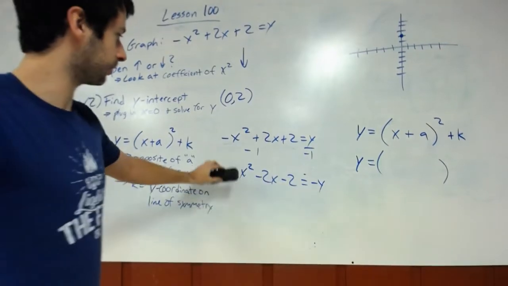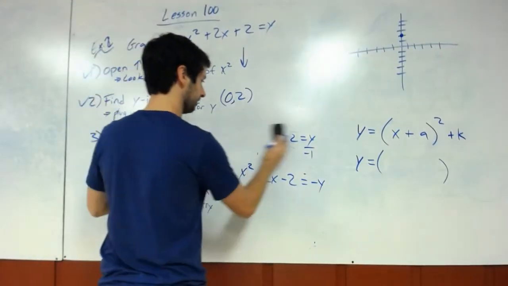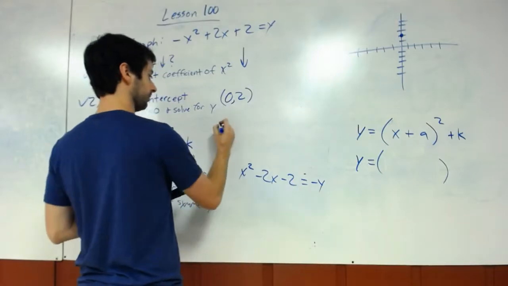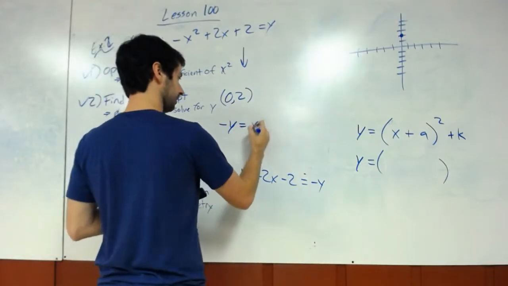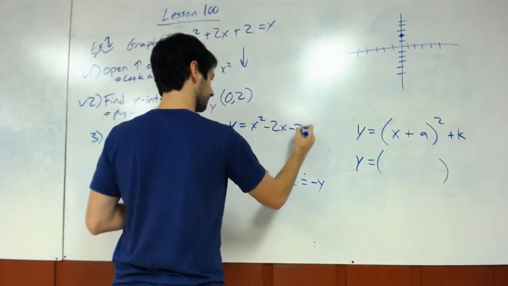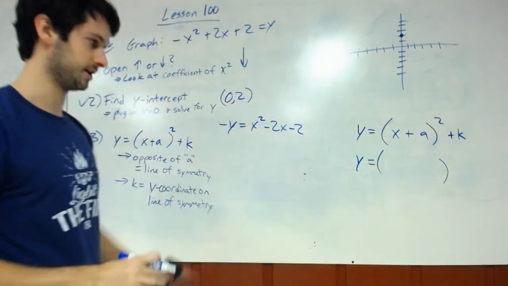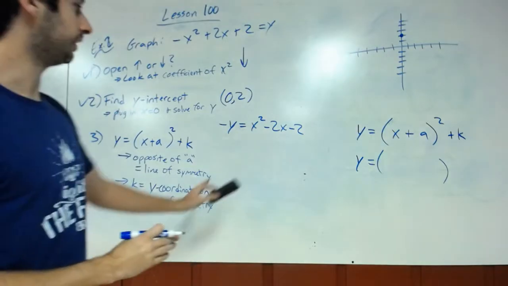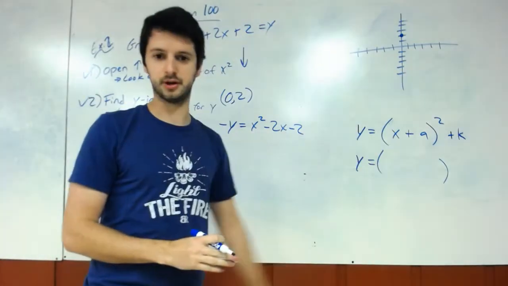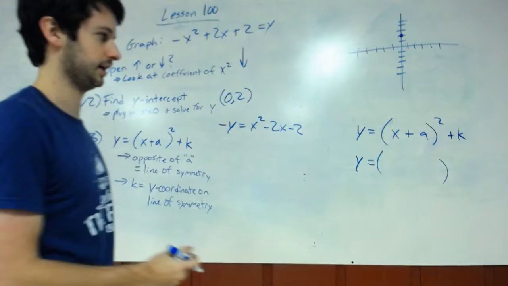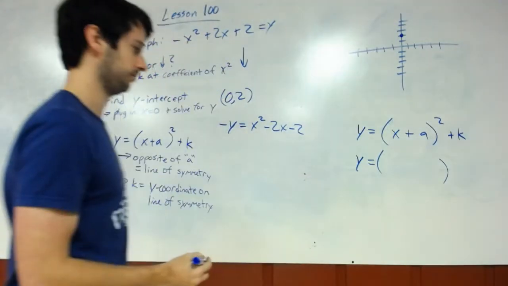I'm going to rewrite this up here, just leave this on the side and we'll get back to it in a second. Negative y equals x squared minus 2x minus 2. Just moving all this stuff around, create some space. Now we can get into solving for x plus a squared, because we've moved the negative over here.